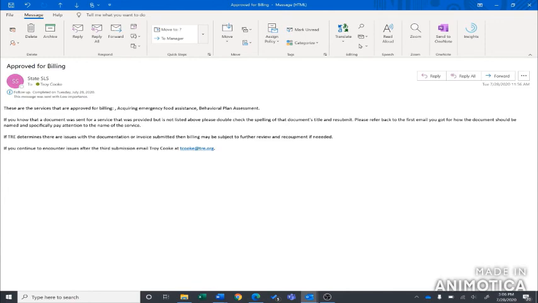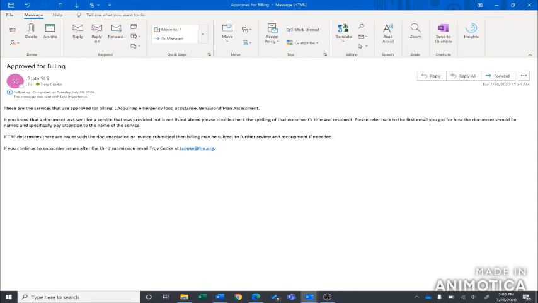Next one is a caveat on our side. It says if TRE determines there is an issue with the documentation or invoice submitted, then billing may be subject to further review and recoupment if needed. What this means is that if a provider submits something to us, the resource exchange, and we look at that documentation and see that it's blank or it doesn't provide notes saying that a service was provided for an individual, we can then follow up with that provider and stop the billing process.